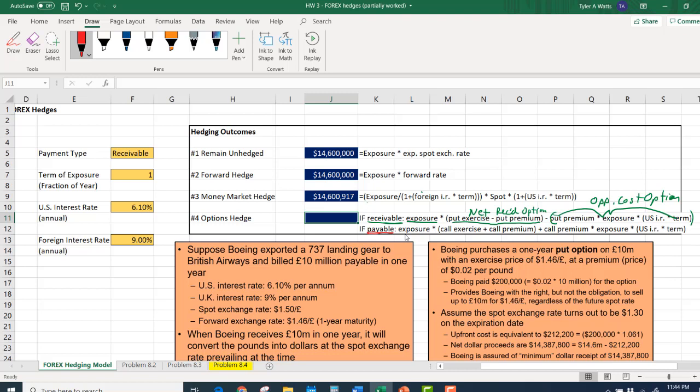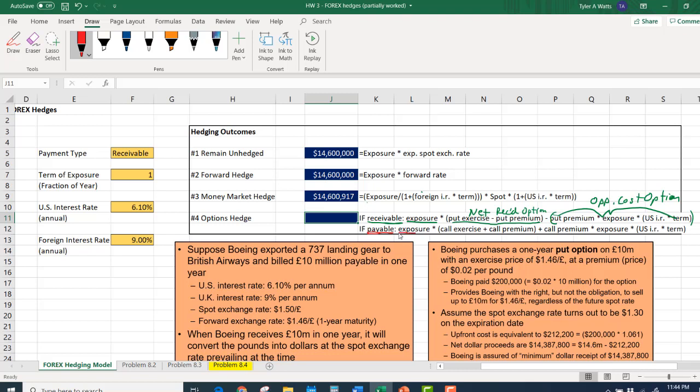We'll buy the foreign currency at the cheaper prevailing spot rate. But if the foreign currency appreciates, that's when we exercise the option. We're protected from the foreign currency going up and up in value and having to pay more for it when it's due, when we need to buy it in order to hand it over to the foreign counterparty that we owe that money to. So same kind of math here.